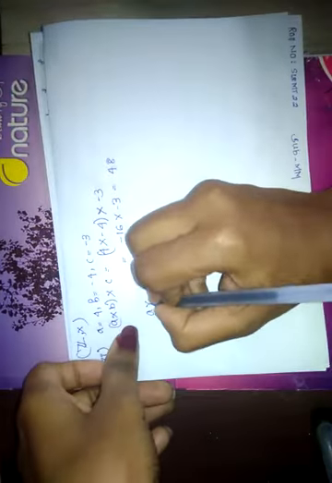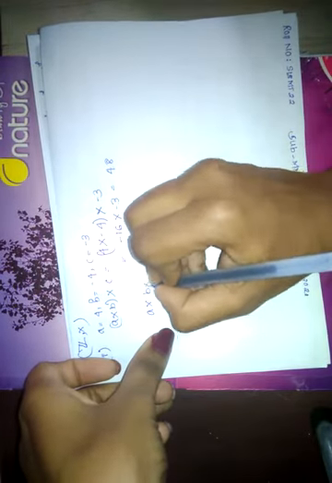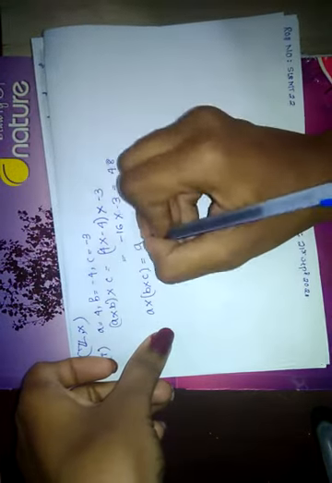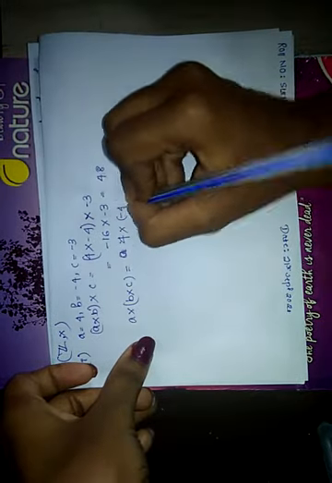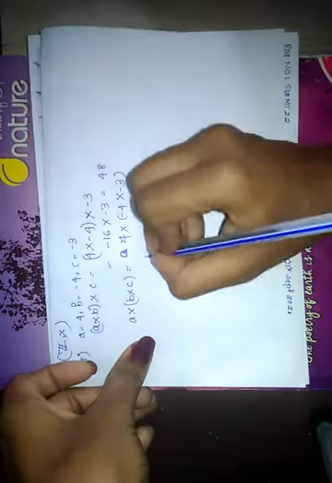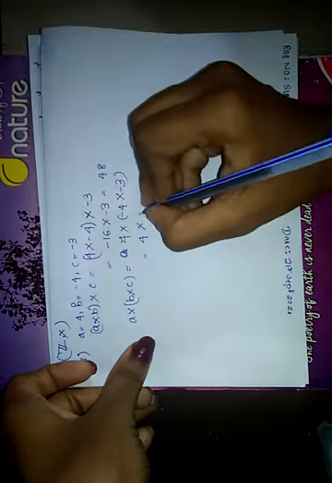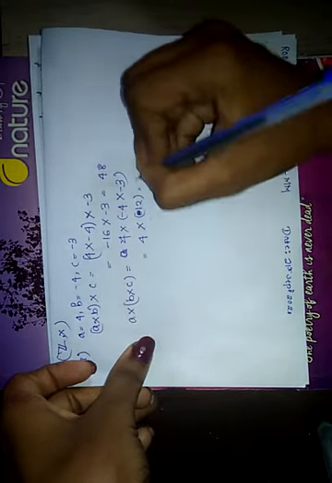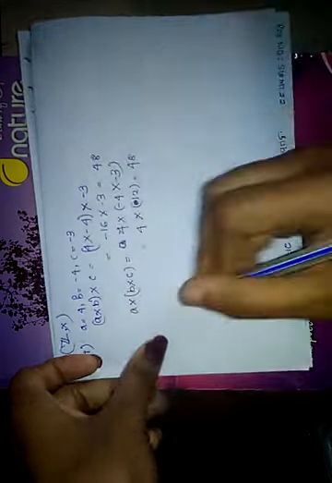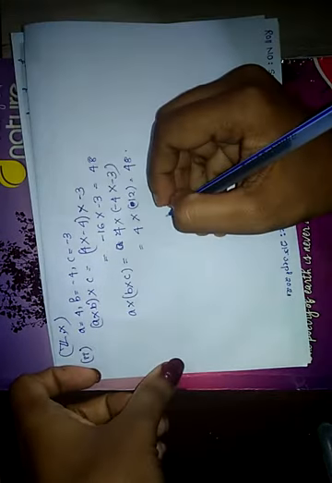And again A into B into C, which is equal to 4 into minus 4 into minus 3, which is equal to 4 into 12, which is equal to 48. Hence the associativity property is satisfied.